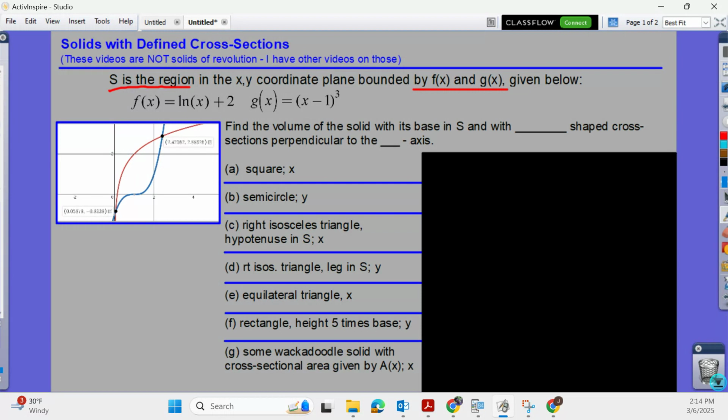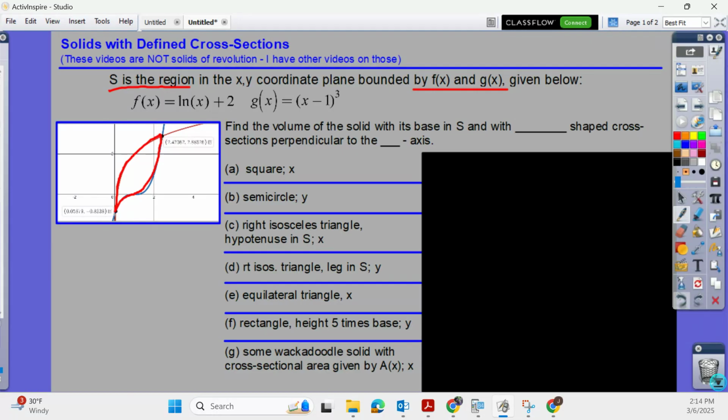It's just between those functions. So that means it's the entire region enclosed here, and we need those intersection points so that we have limits of integration when we integrate. Okay, so that's what we need to do first, get those intersections.